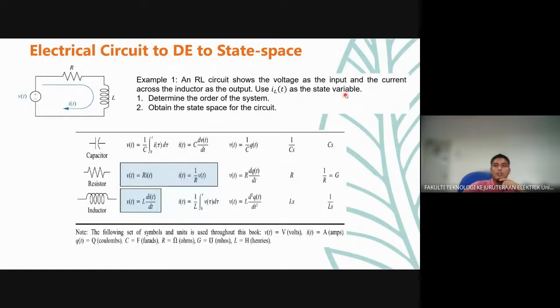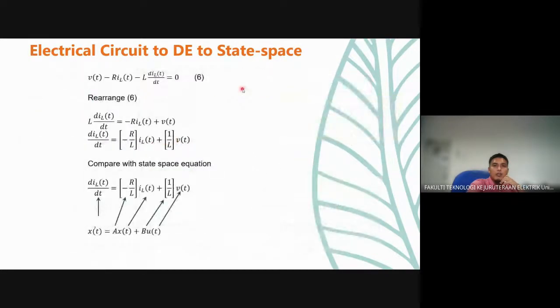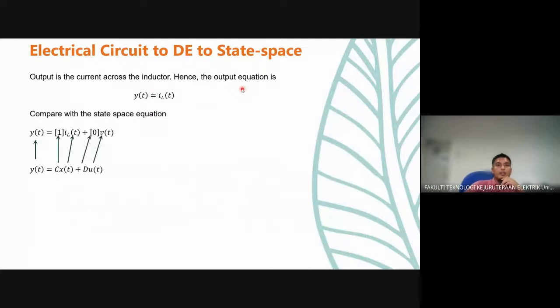The first information is about x, to get the x dot t equal to A xt plus B UT equation. Then you need to find the second information, how to get the YT equation. In this case, the current across the inductor is the output. Hence, the output equation is YT equal to ILT.